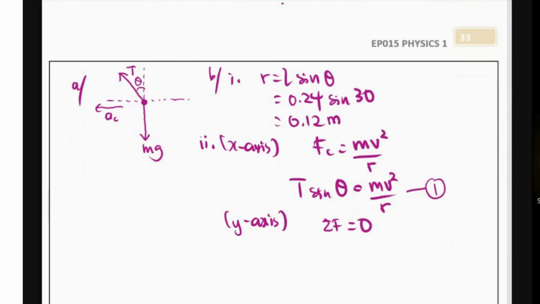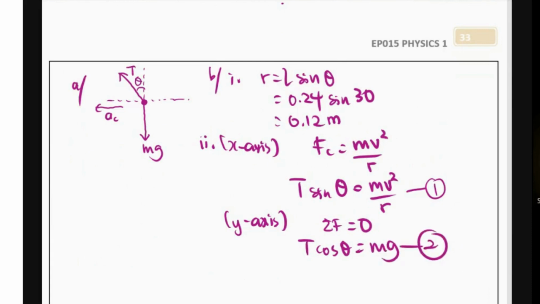Horizontal means x-axis. So the concept for the y-axis is net force equals 0. There are two forces along the y-axis: one is the weight and the second is T cos theta, which is pointing upward. So write down that T cos theta equals the weight.